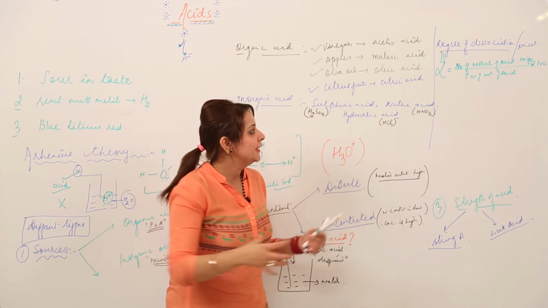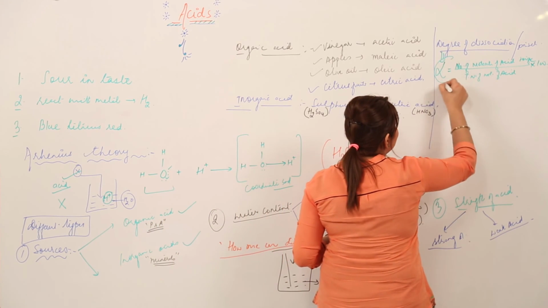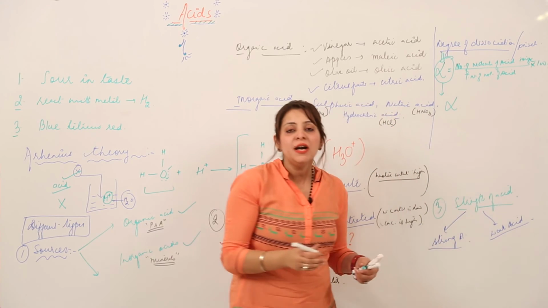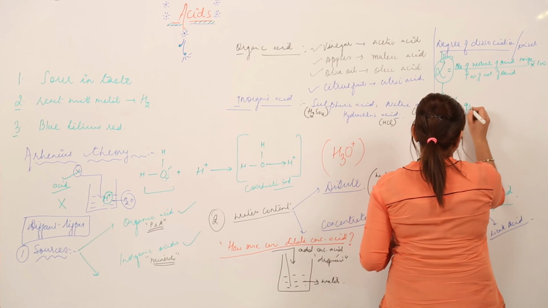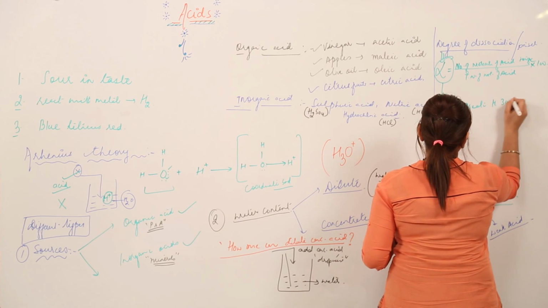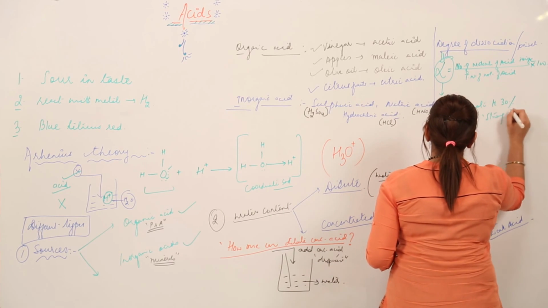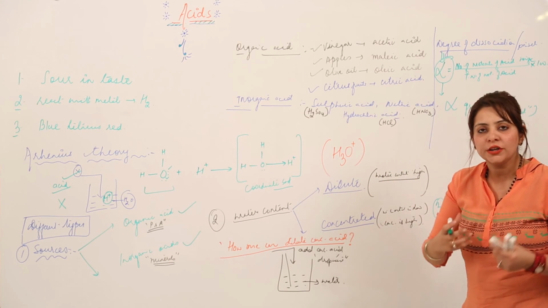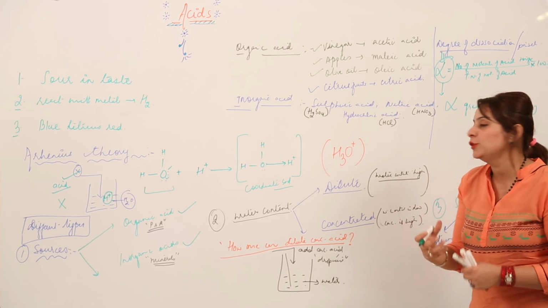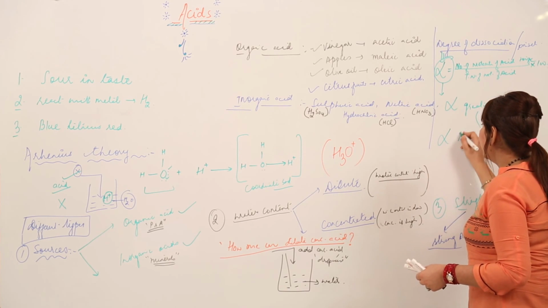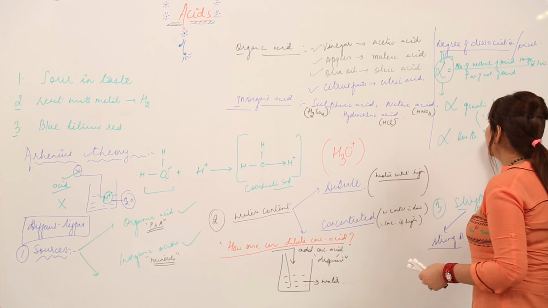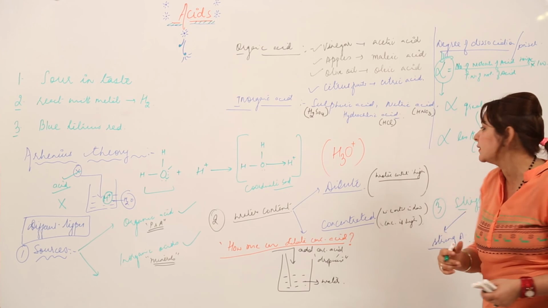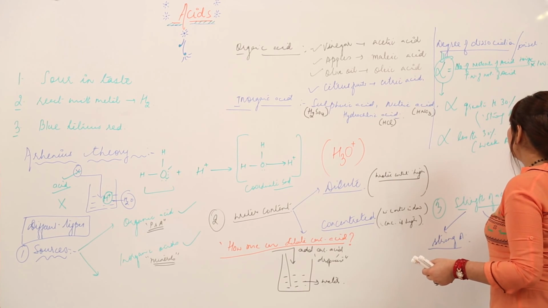When we apply this formula, we get the value for alpha, and if the value of alpha is greater than 30%, then it is a strong acid. It means we get many ions in the water when we add the acid into the water. But if alpha is less than 30%, that means it has not ionized to a greater extent, so we regard that acid as a weak acid.